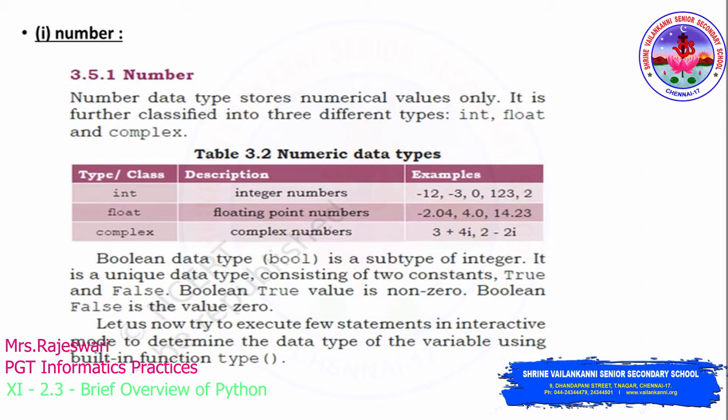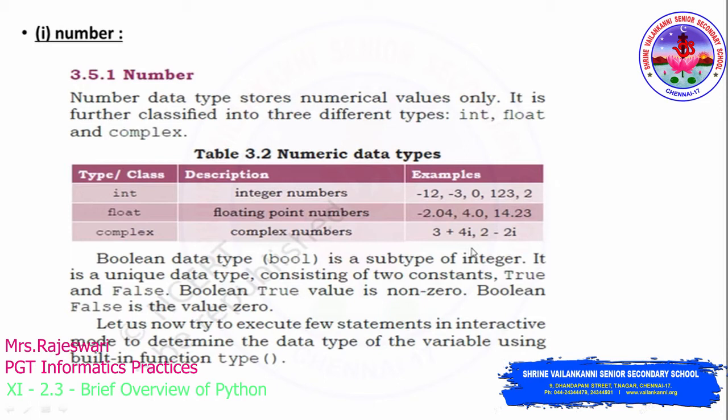Floating point numbers are also called real numbers, and here also you can have both positive and negative values. A complex number is a combination of real and imaginary numbers. Real numbers are also called floating point numbers, and the imaginary number is the square root of minus 1, which is always represented with a lowercase letter. Clear? That is the imaginary number.